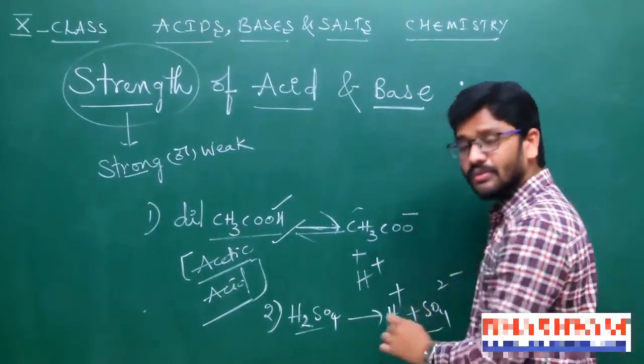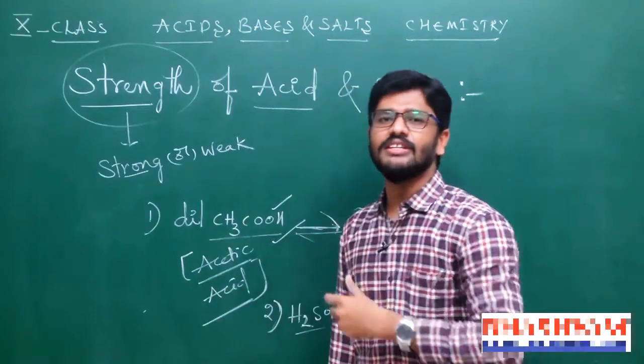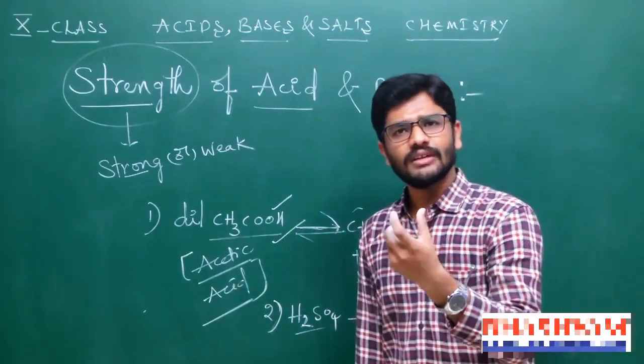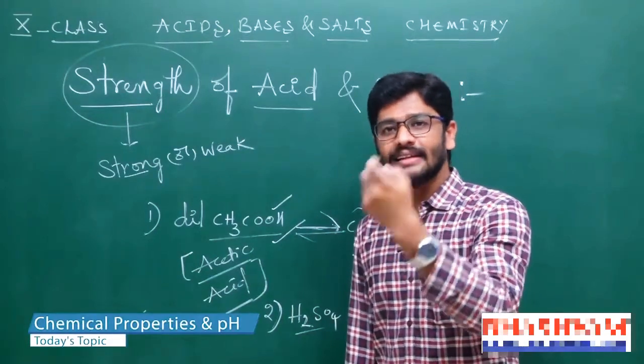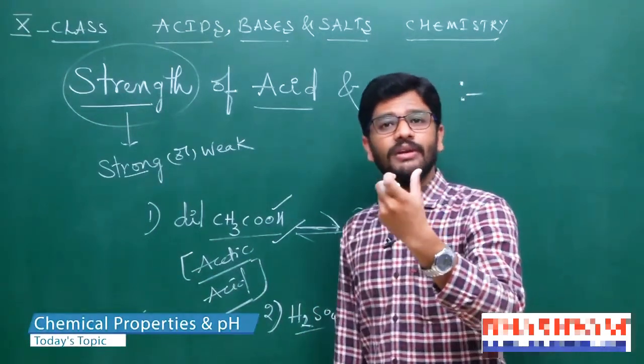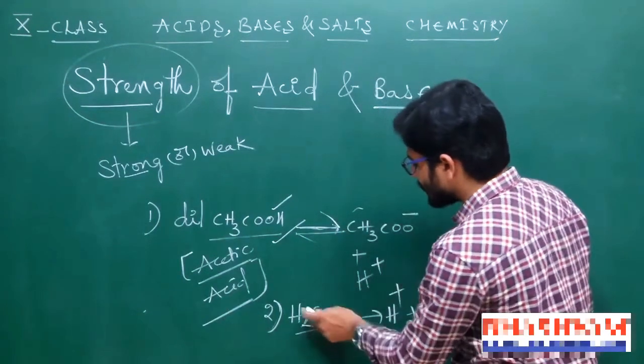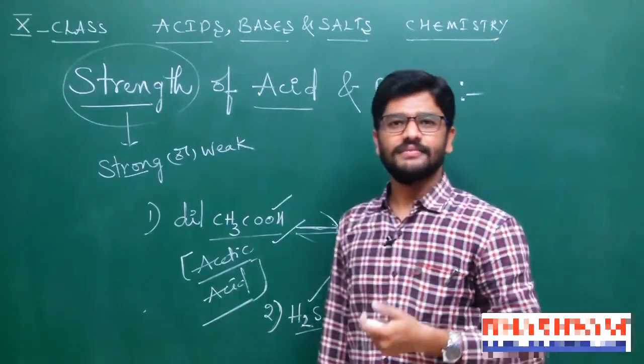These ions move in the solution, so there is electric current. Due to that, the bulb will glow, but this time the bulb will glow more shiny. That's why it is considered a strong acid.